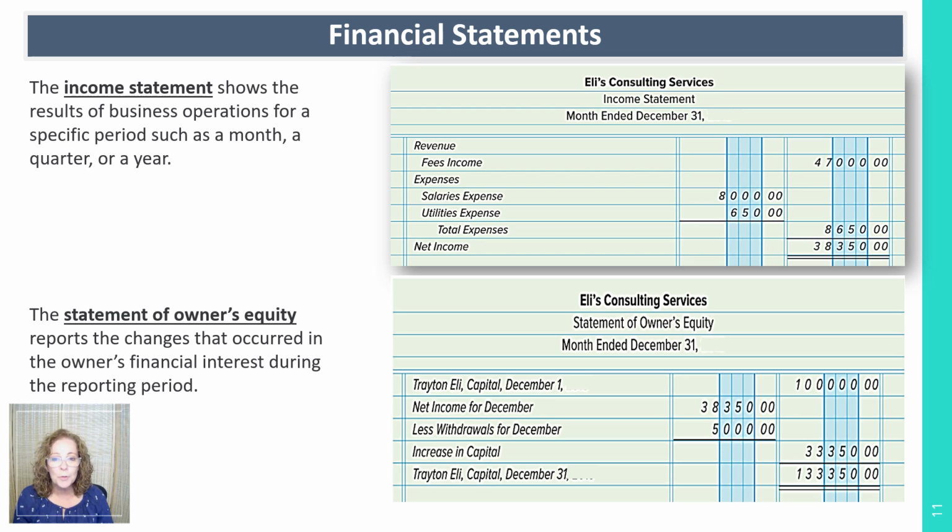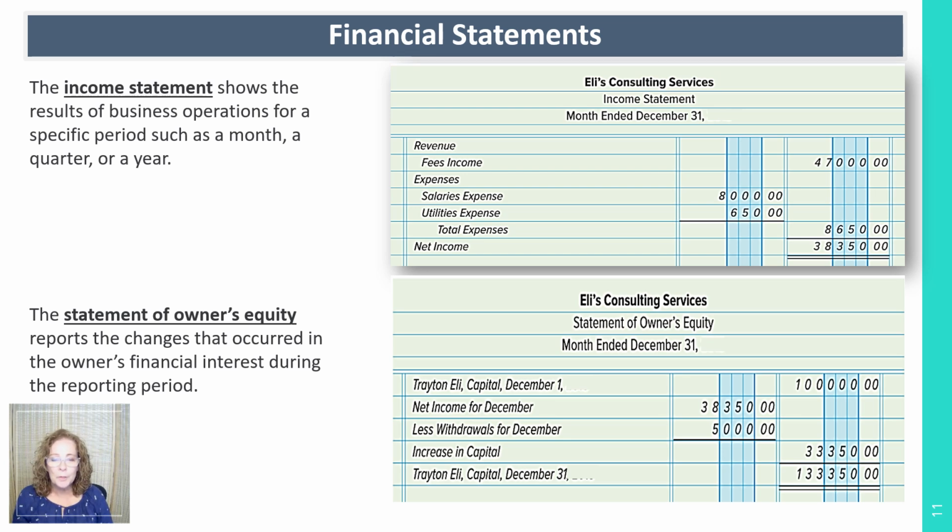Business managers and owners use the balance sheet and the income statement to control current operations and plan for future decisions and investments. Creditors, prospective investors, governmental agencies, and others are interested in the profits of the business and in the asset and equity structure as well.